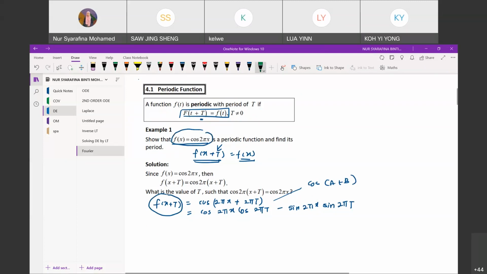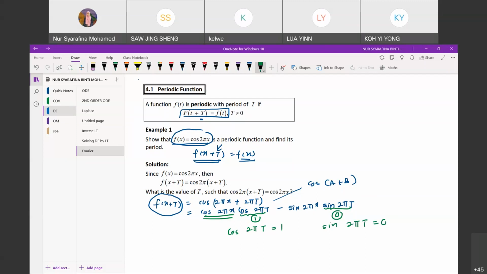Meaning that in order to get this cos 2πx, it remains only when this is equal to 1 and this is equal to 0, right? So we have to make sure that cos 2πT = 1 and sin 2πT = 0.